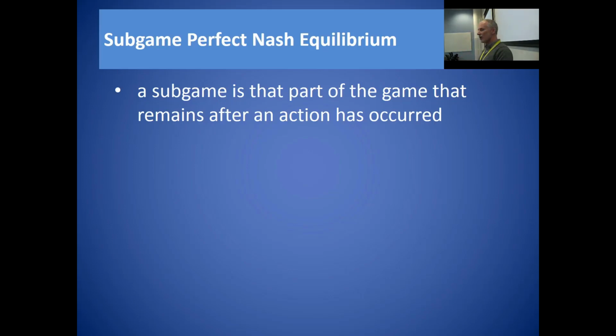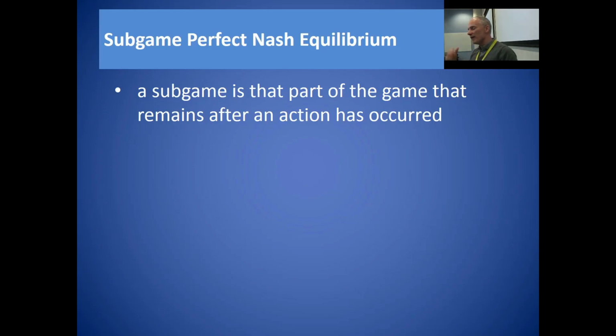And in that game of market entry that we've seen, there are actually two subgames. Now, the first subgame is just a technicality, because in all games described in their extensive form, the game in its entirety is always the first subgame.